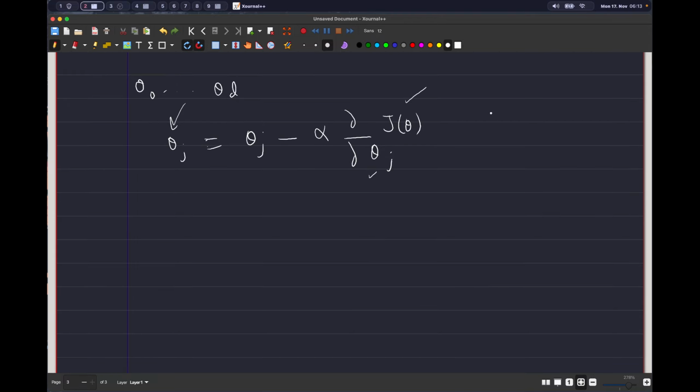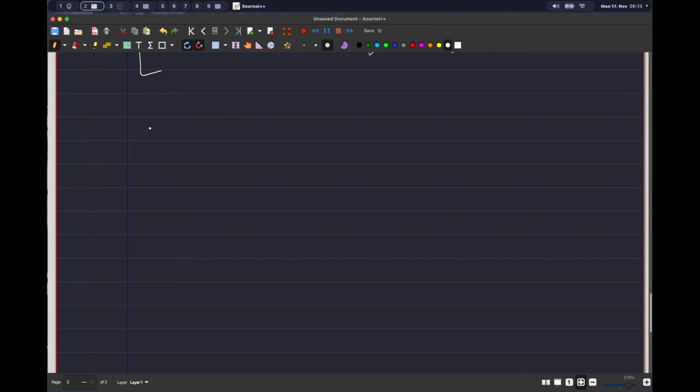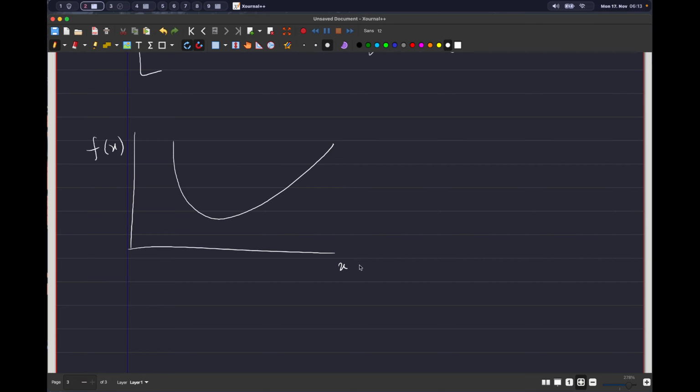What is this equation and how do we make sense of it? Suppose this is a function f(x) and it is taking x on the x-axis, and we want to find out the value of x such that the value of f(x) is minimum.